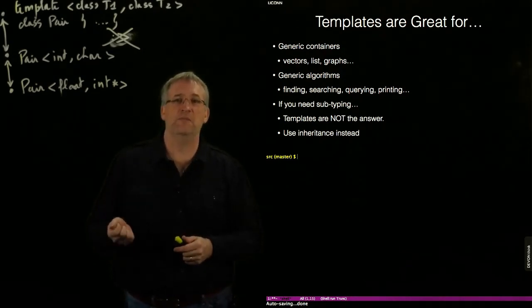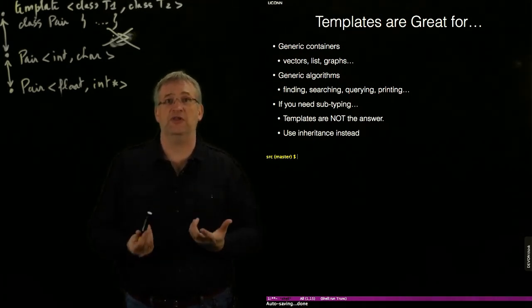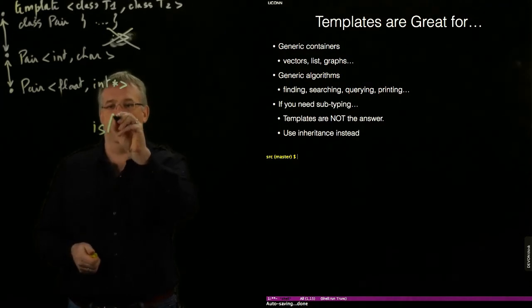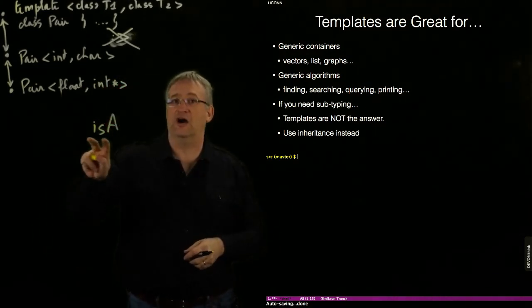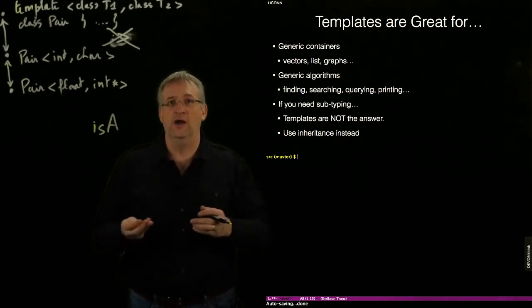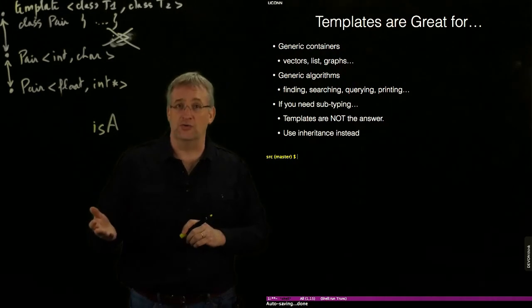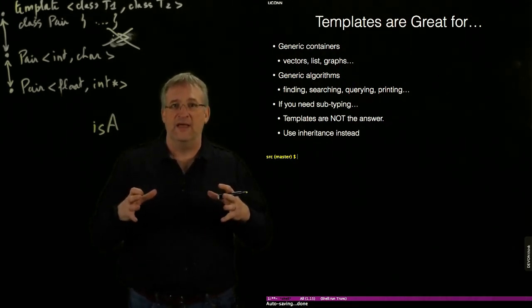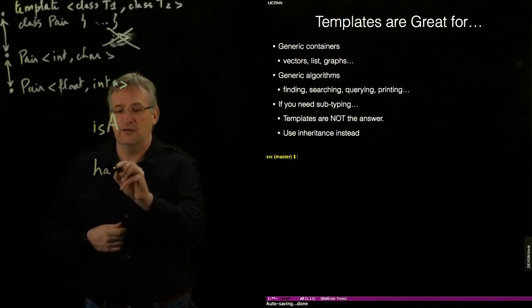When do you use templates? We've discussed that here. When you use polymorphism, that's really when you want to have subtypes, right? So polymorphism is really the is-a relationship. So you can say things like a car is a vehicle, and therefore this is subtype polymorphism. It makes sense to do that. You can also use encapsulation to actually define aggregates of multiple things. So for example, a car has wheels.